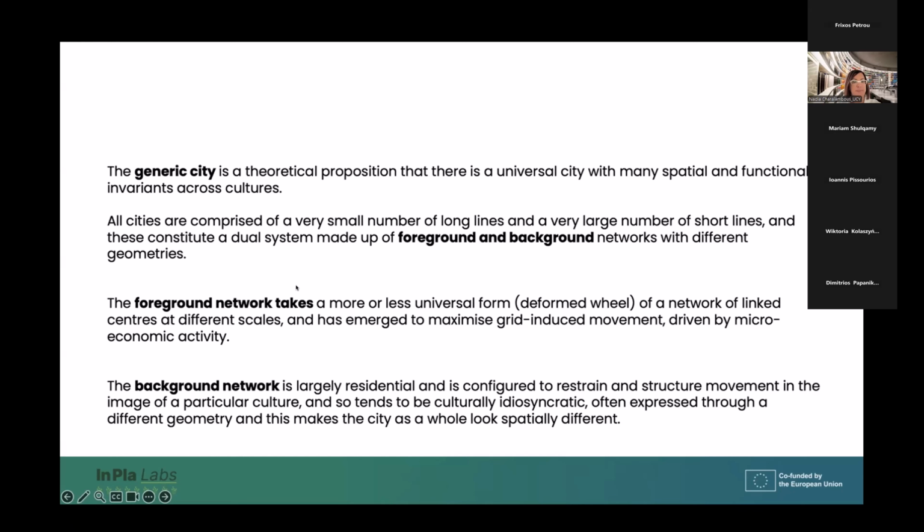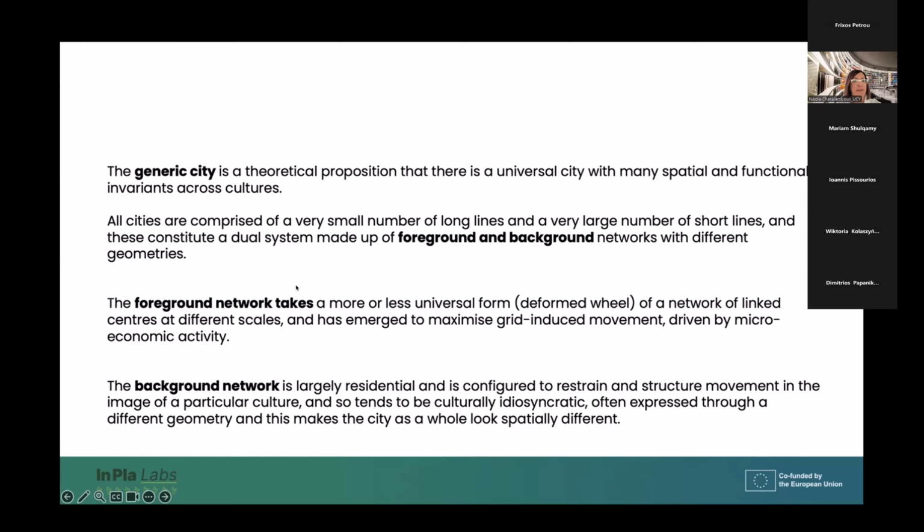And these have different geometries. The foreground network, what Bill Hillier called a deformed wheel, the proposition is that it has a more or less universal form of a network, a form that you can see in all cities.